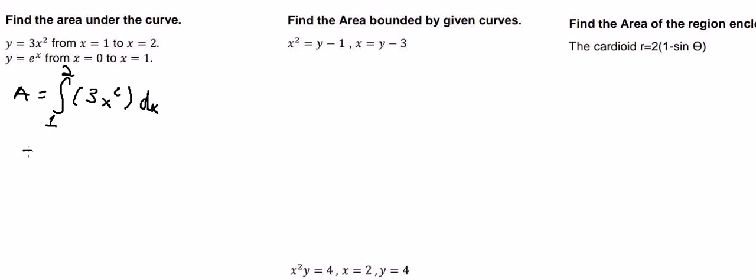So we get the final answer. That should be x to the power of 3, and we put the limits in here. So you get 2 to the power of 3 minus 1 to the power of 3. You get 8 minus 1. You get 7.